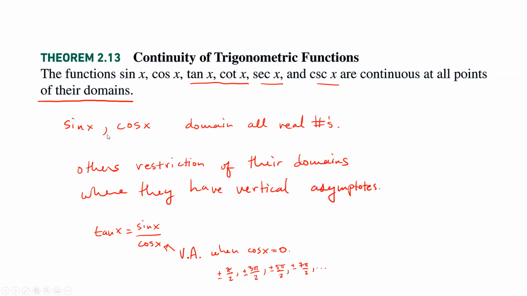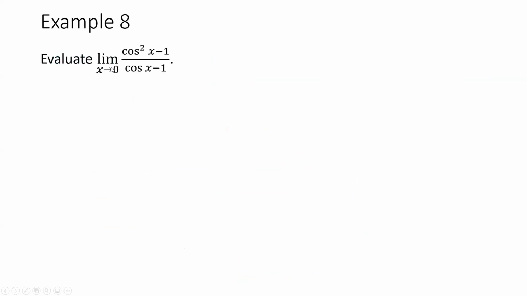But sine and cosine by themselves are always continuous, but let's look at just an example with thinking about evaluating a limit like this. We've kind of seen examples like this in the past, but what do you guys think we could do if I wanted to evaluate this one?